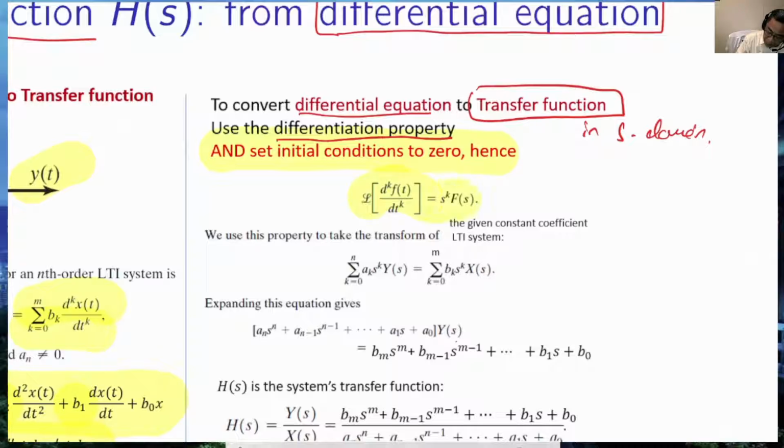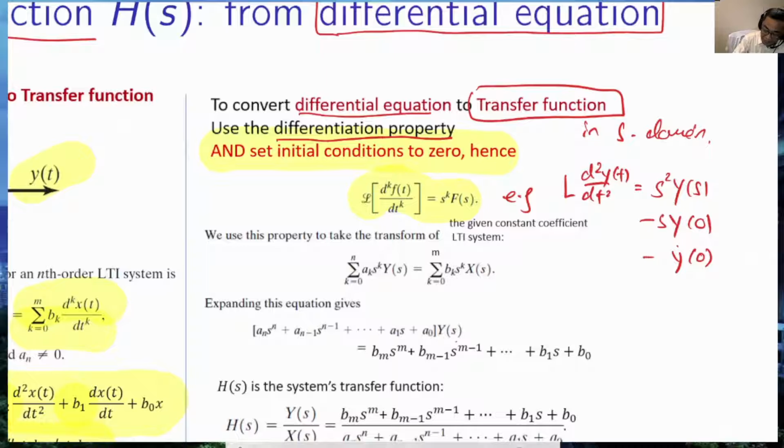Anyway, let's try this. The Laplace transform of, for example, d^2y/dt^2 will be s^2 Y(s) minus s y(0) minus y dot(0).